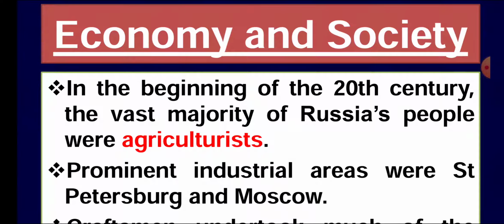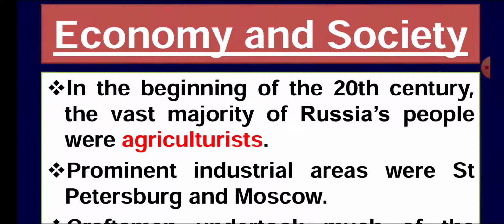At that time the condition of Russian society was not good. Economy and society, this topic we are discussing now. Most of the Russian people depended on agriculture, like India. India is also an agricultural country.